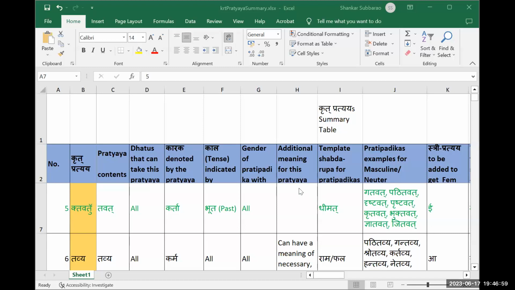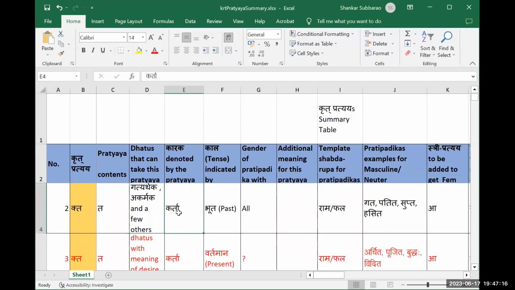Okay, it may look simple, but it is a little too involved. So you have to know what it says clearly. Ktavatu is for all dhatus and it will always indicate karta. But ta pratyaya, only for gatyarthaka, akarmaka and a few others, can denote karta, not for all dhatus. There is a limitation.